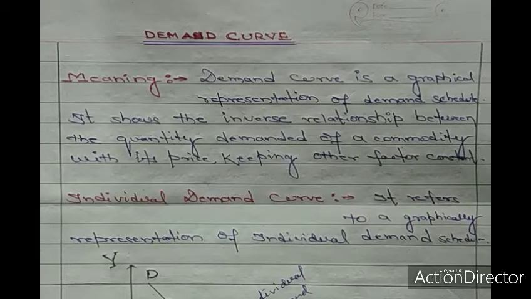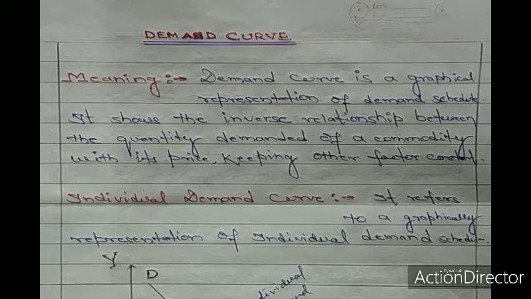As we know, price of the commodity and demand are always opposite to each other. It shows the inverse relationship between quantity demanded of a commodity and its price. So it is nothing but a graphical representation.